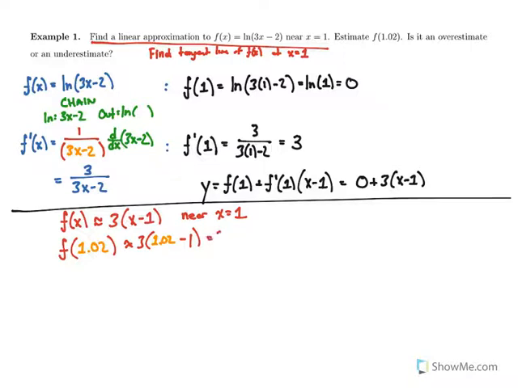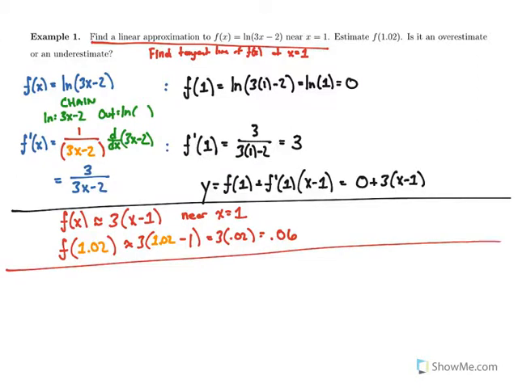Now we have 3 times 1.02 minus 1 is 0.02. This is going to be 0.06. So how do we know this approximation is an under or over estimate?